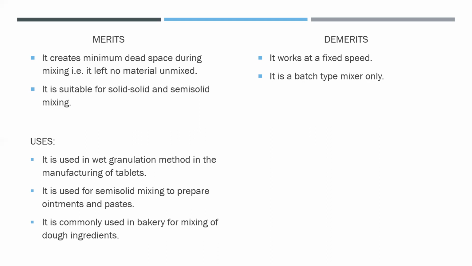And last, the mixing of dough ingredients. So these are the merits, demerits, and uses of this sigma blade mixer. The sigma blade mixer works on the mechanism of shear and convective type of mixing.